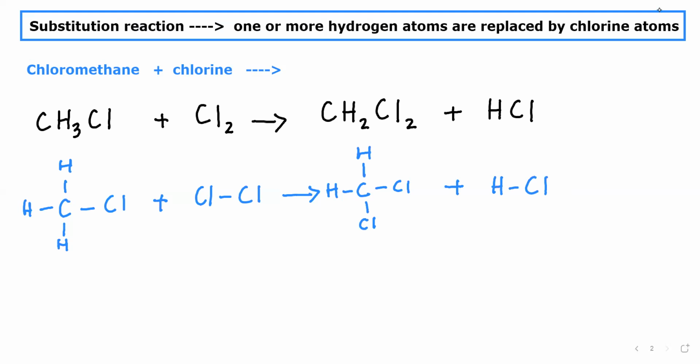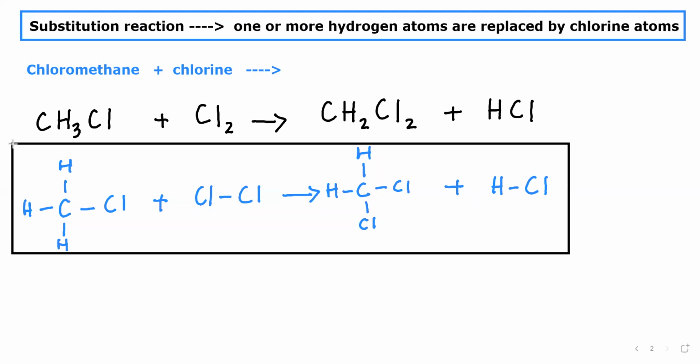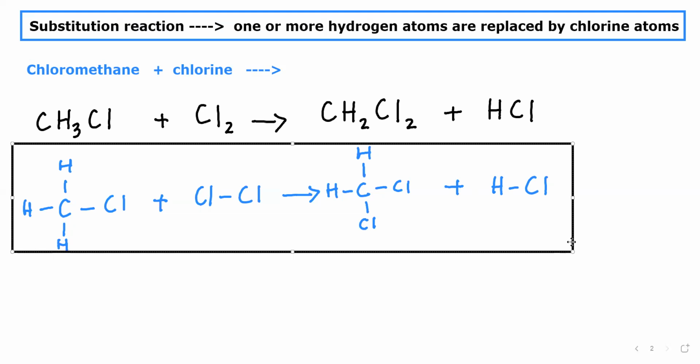This is how our substitution reaction, photochemical reaction, is done, where one or more hydrogen atoms are replaced by chlorine.